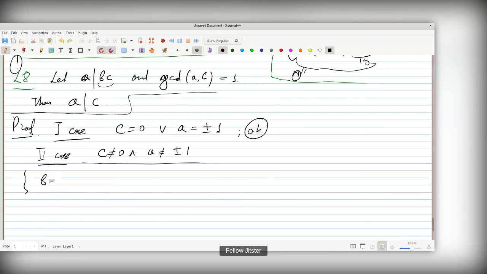For the sake of contradiction, assume that B is 0.